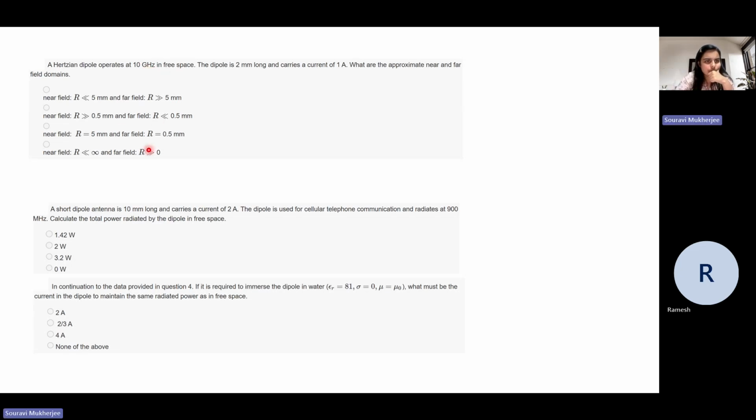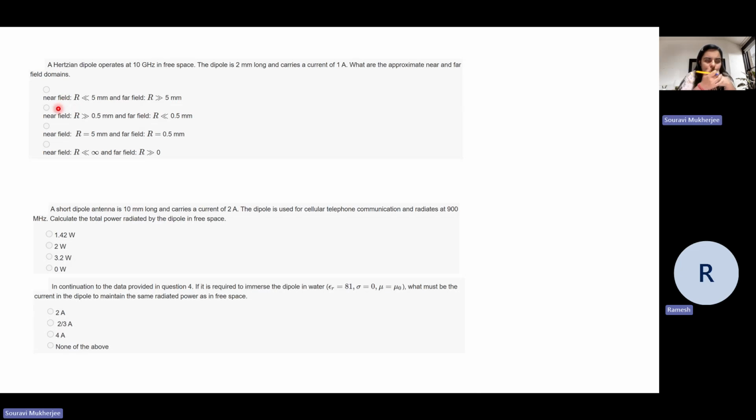So now based on the question, near field, far field is R less. I guess the option A is correct.